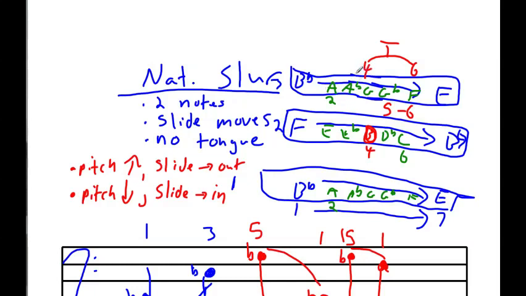But if we're using primary positions, we'll go to 1st position for that F. So the slide will be coming in and the pitch will be going down, so that'll be a natural slur, from the G in 4th to the F in 1st.